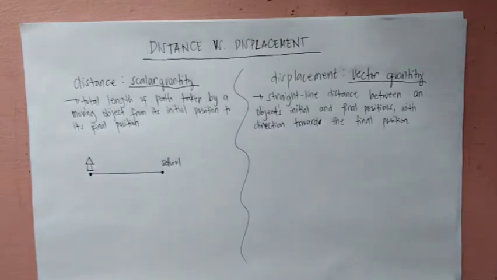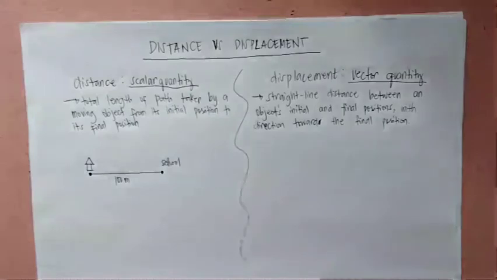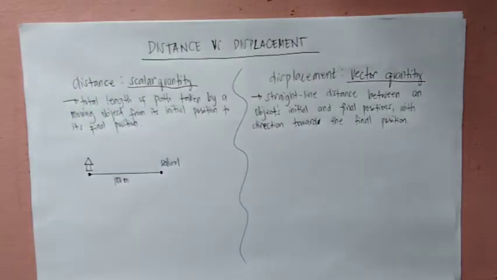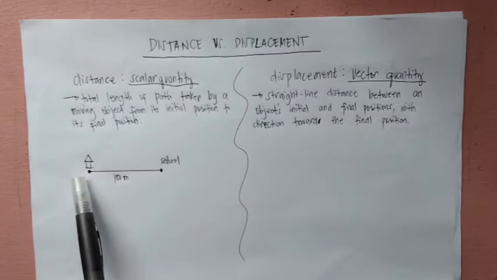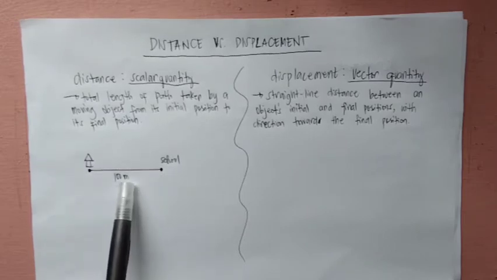This is 100 meters. When you are asked how much is the distance taken by the student from his house to his school, you would obviously answer 100 meters, since the path he has taken from this point to this point is 100 meters.